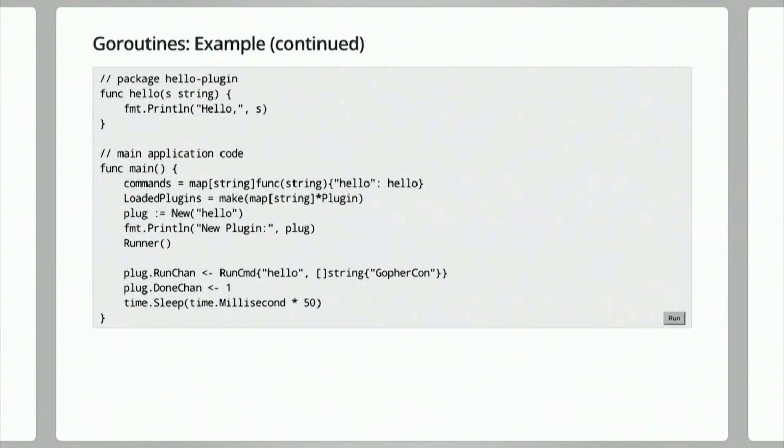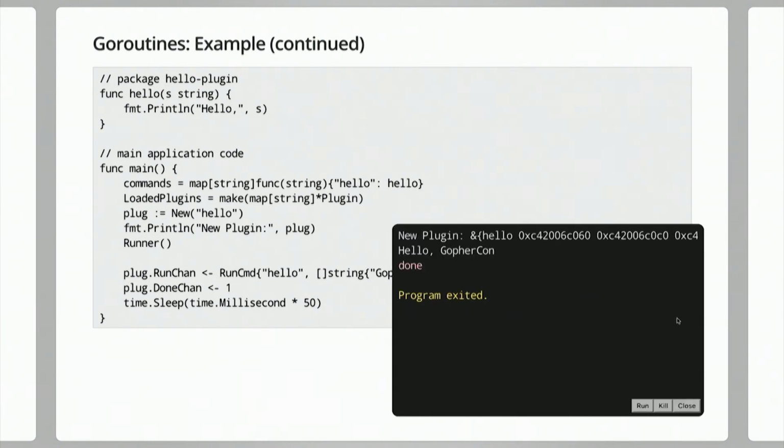In your plugin package, or wherever you're calling the plugin, you can just load it up and create the new plugin instance using a new method. You run something like a runner or a plugin manager that would stand up all of your goroutines, and then you can just send messages to it, just like using goroutines anywhere else. So we created a new plugin, we sent it the GopherCon string, and then we just sent it a done notification.